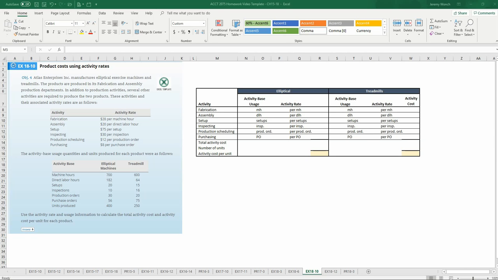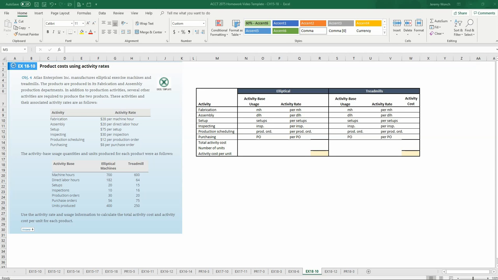not just by a factory as a whole, not just by a department, but each individual activity that we do creates cost at a different rate. So the more activities that we can identify, when we look at the product, we can actually say, hey, this product uses a lot of this activity or just a little bit of this activity.